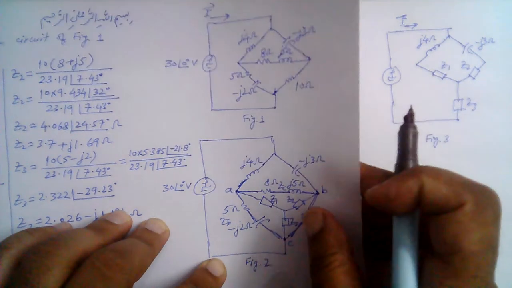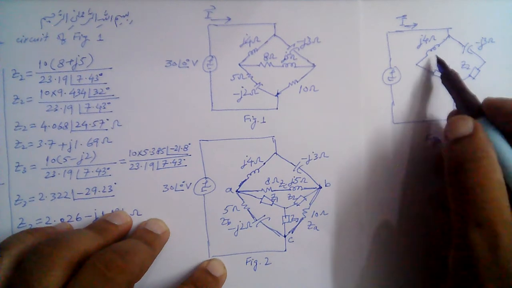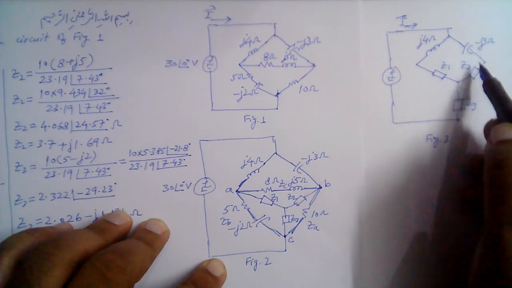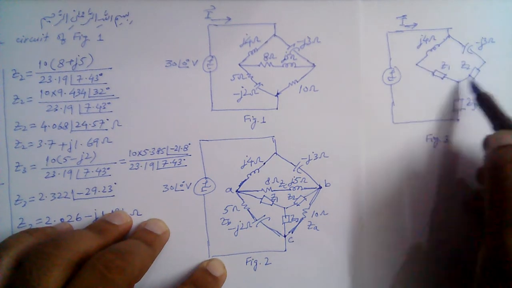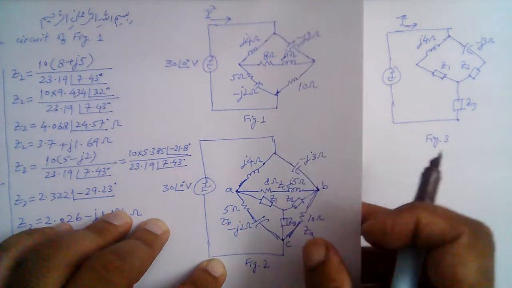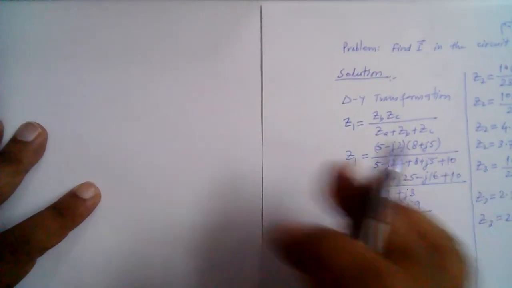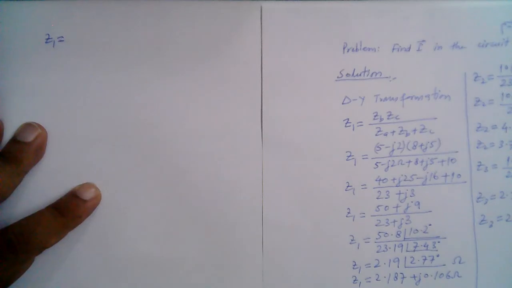So we can first find the equivalent impedance of this series combination, then the equivalent impedance of this series combination, then the equivalent impedance of this entire parallel combination, and thus add this to Z3 to find the equivalent impedance. So let me rewrite Z1, Z2, and Z3 here.